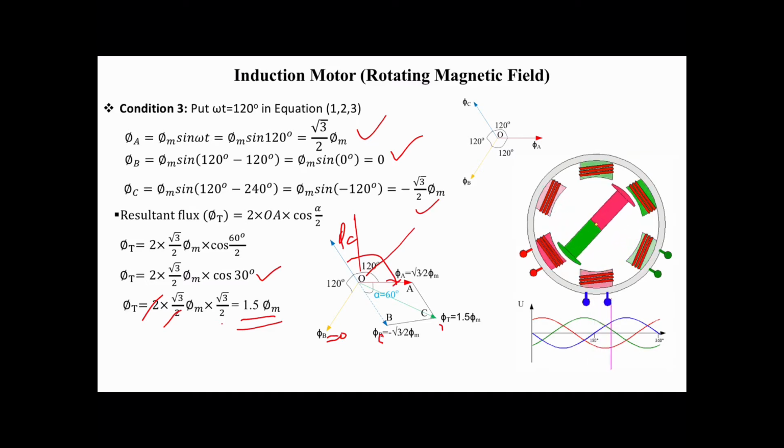Because of this rotating effect, our rotor starts rotating as shown in this picture. For the various values of omega t, it starts rotating. The location of the rotor is different, as the direction of the rotor is based on the value of omega t. Thank you.